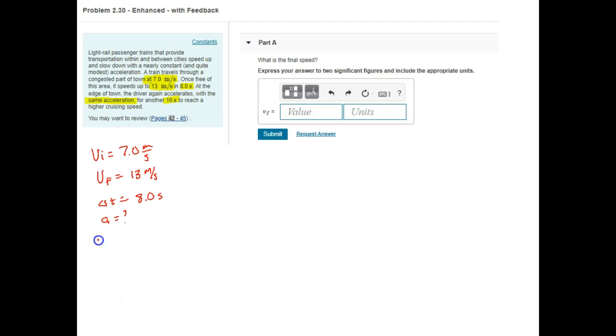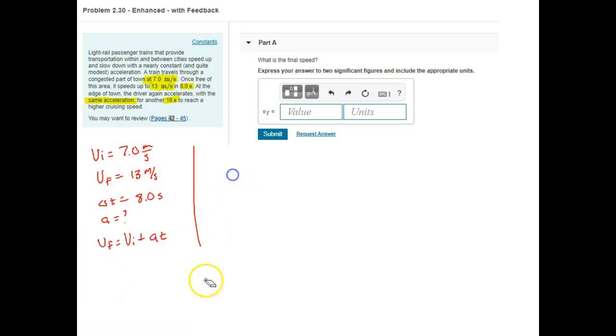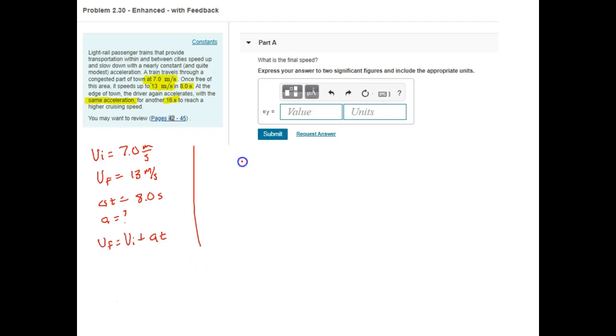So the equation you're going to use is VF equals VI plus AT. You're going to solve this for A. Let's go ahead and bring it back to the other equation. I skipped ahead a little bit. Again, VF is equal to VI plus AT.